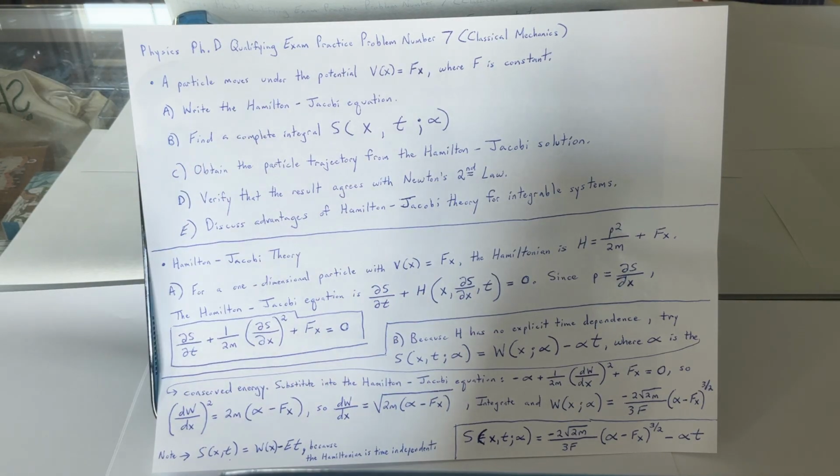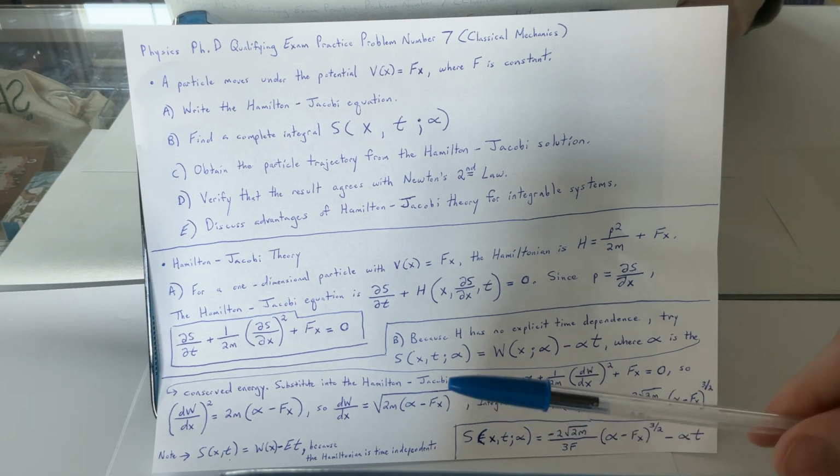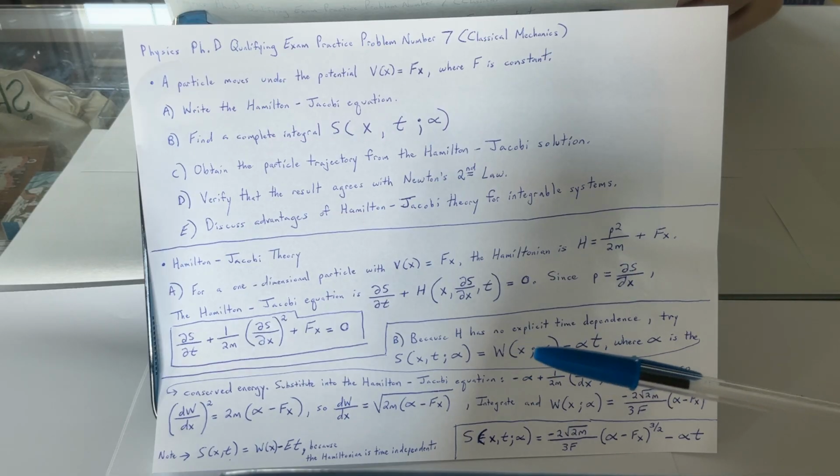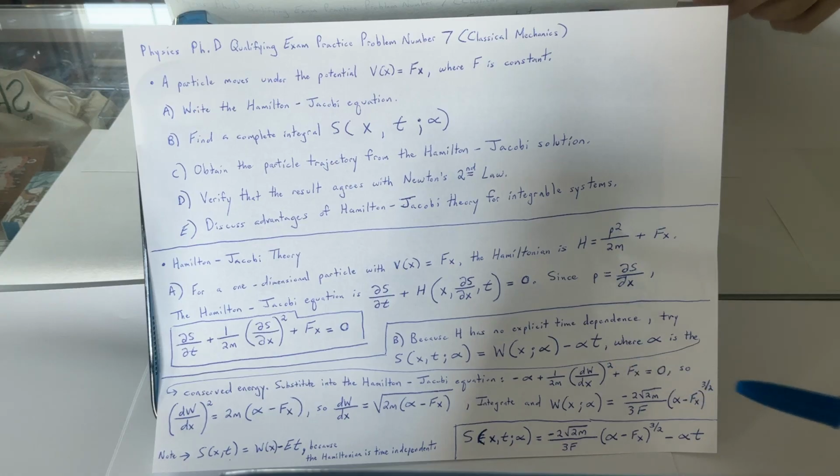For part B, find the complete integral. Because H has no explicit time dependence, we try S(x, t; α) = W(x; α) − αt, where α is the conserved energy.